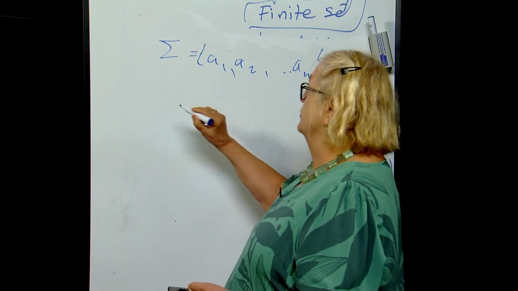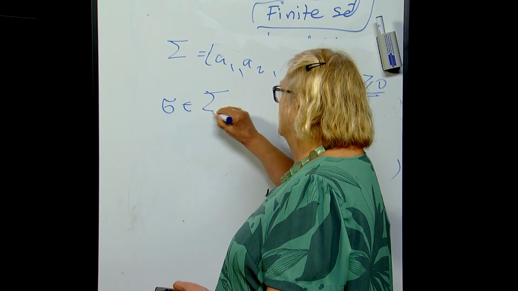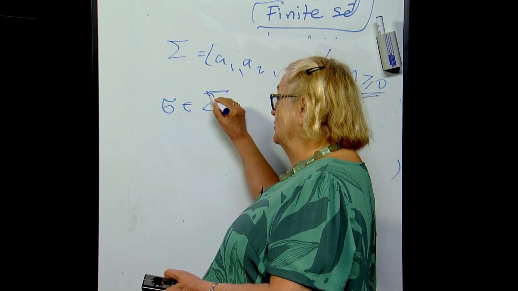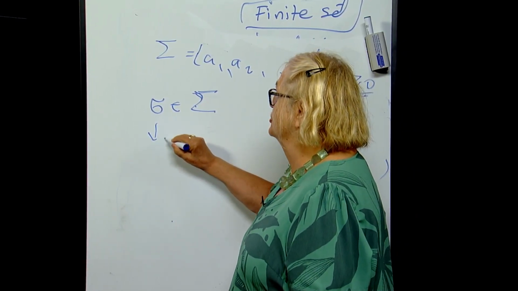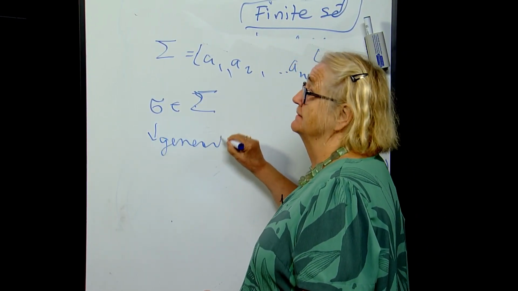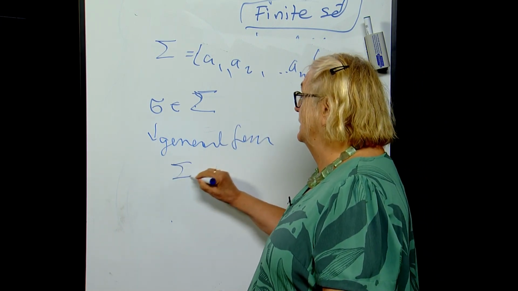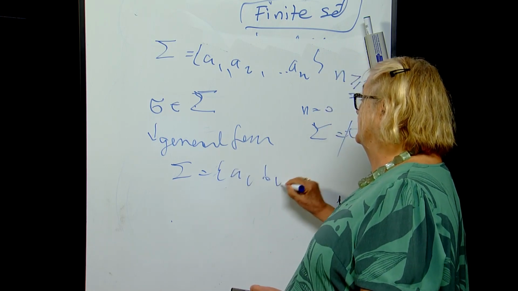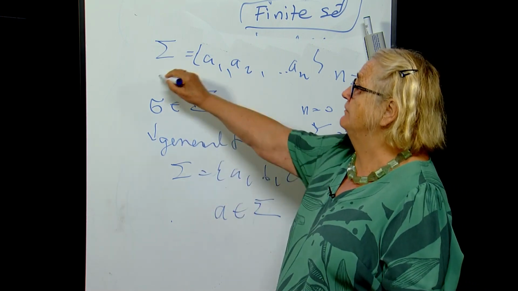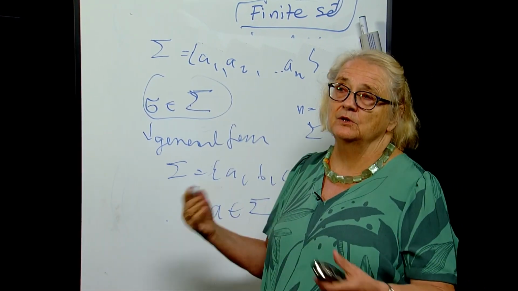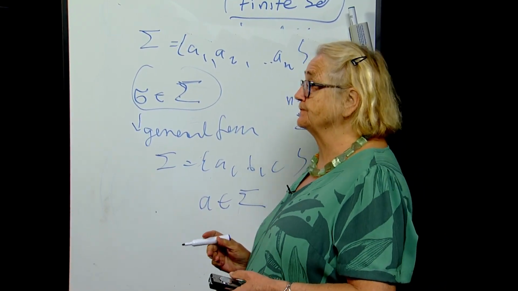And we also write small sigma in capital sigma as the general form of an element. If sigma is A, B, C, then A is in sigma and so on. But if we don't want to specify which elements they are, we say let small sigma be in sigma.